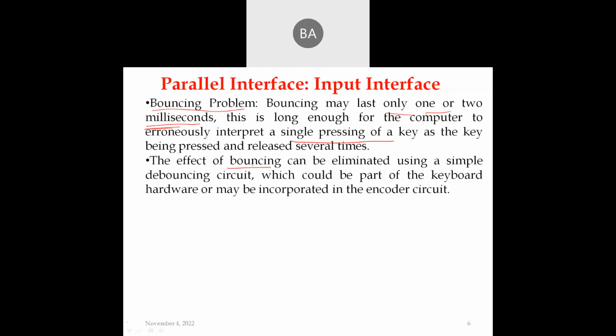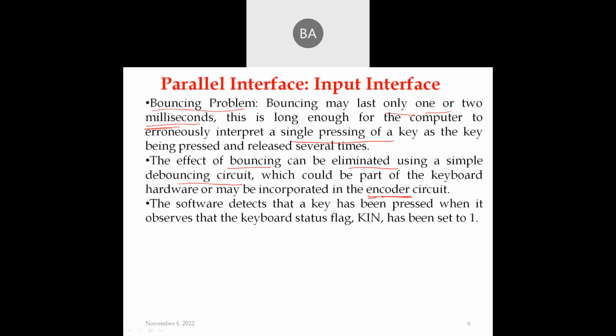This bouncing effect can be eliminated using a simple circuit called a debouncing circuit, which could be part of the keyboard hardware or incorporated in the encoder circuit. So the speed at which you press the key should accommodate a time gap of 1 or 2 milliseconds.